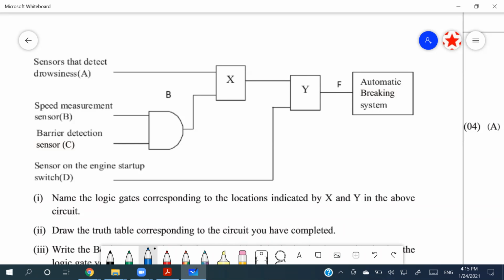So sensor that detects drowsiness, again is නිදිමත වෙනවද කියන එක. Speed measurement sensor, barrier detection sensor, sensor on the engine startup switch, right? So engine එක start වෙලා නම් තමයි මේ දේවල් ටික settle වෙන්න ඕනේ, right? So engine should be on the start mode, right?